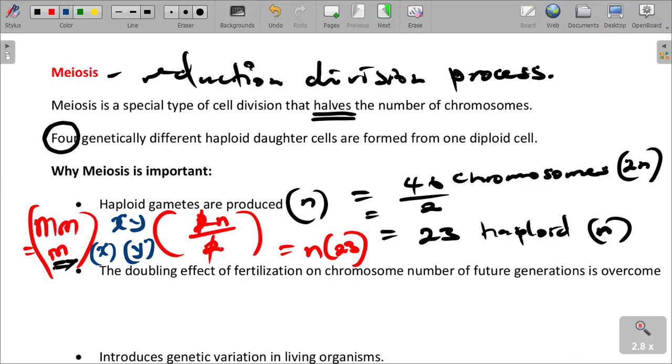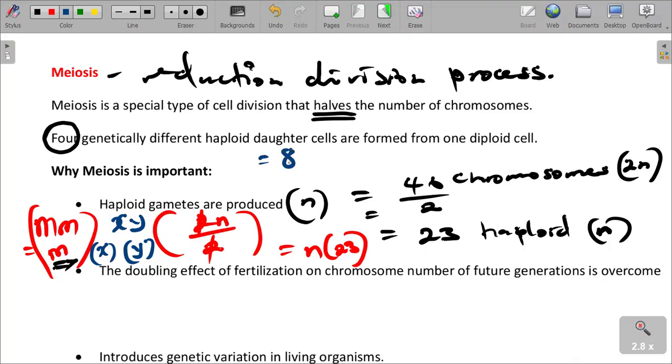This is very key, that it halves the number of chromosomes. The XY that we are giving as an example is again identifying the 46 that we have given.